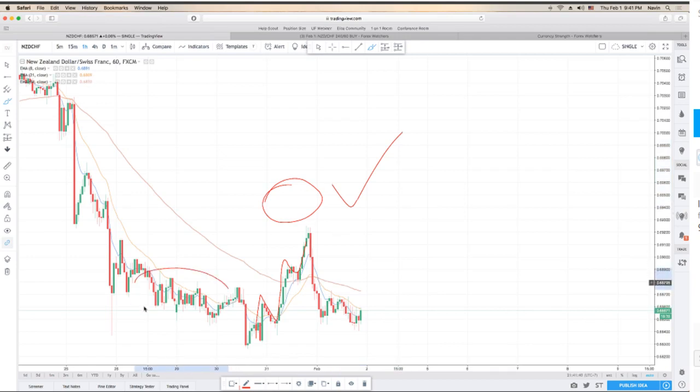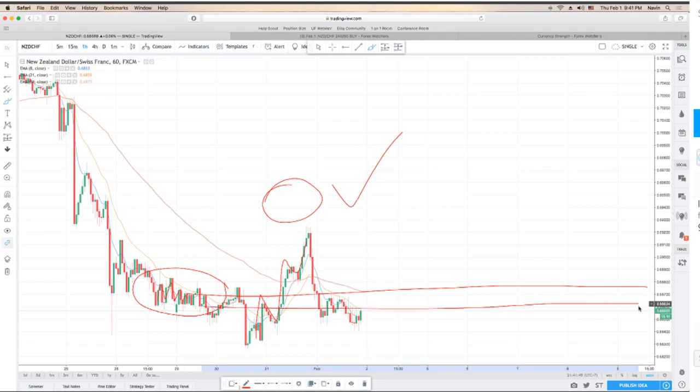In this type of environment, when you've got chop, chop, chop, and then you look to the right and you're like, man, that's like 10 pips. That's a 10 pip width. For the last 30 hours or so, markets have been moving in a 10 pip movement. Each candle is like 10 pips, 10 pips, 10 pips.